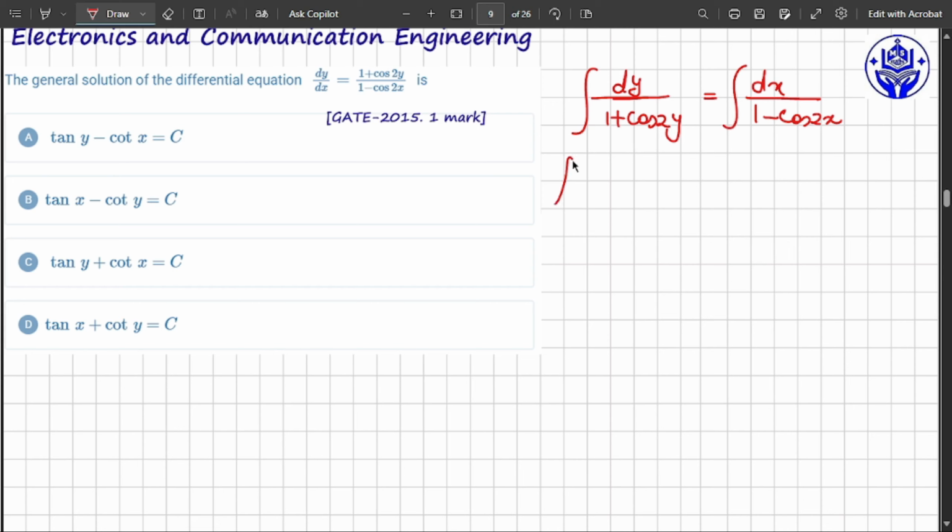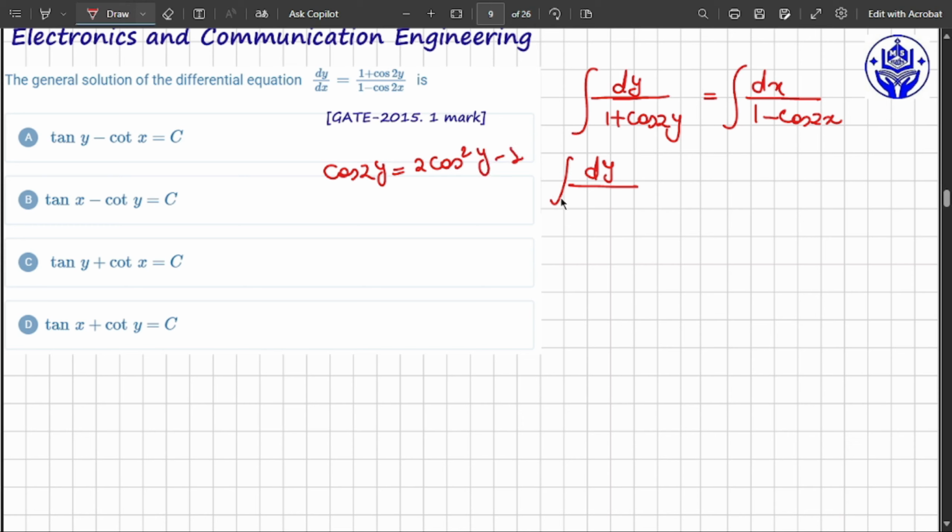So now what can I do? Cos of 2y is nothing but 2 cos square y minus 1.